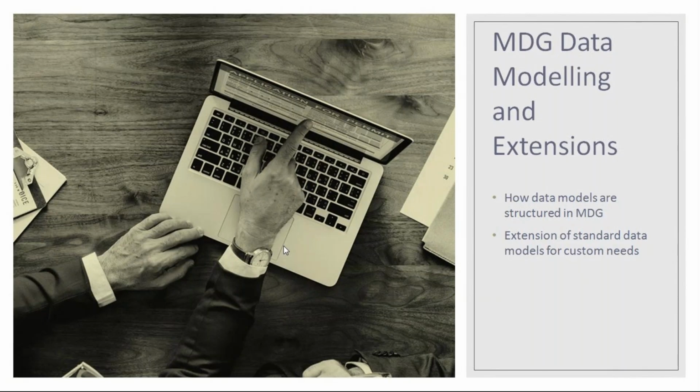Now, from a design perspective, MDG and MDM are more or less the same, but from the process point of view they are completely different. MDM has different tools like Console, Data Manager, Syndicator and Import Manager. But MDG is completely different.